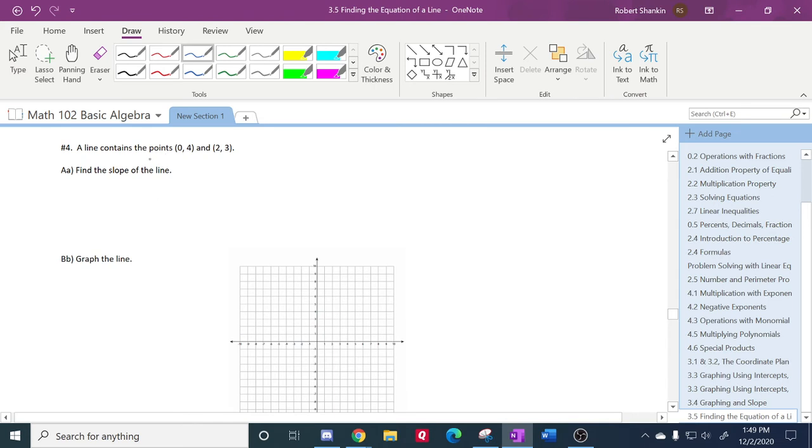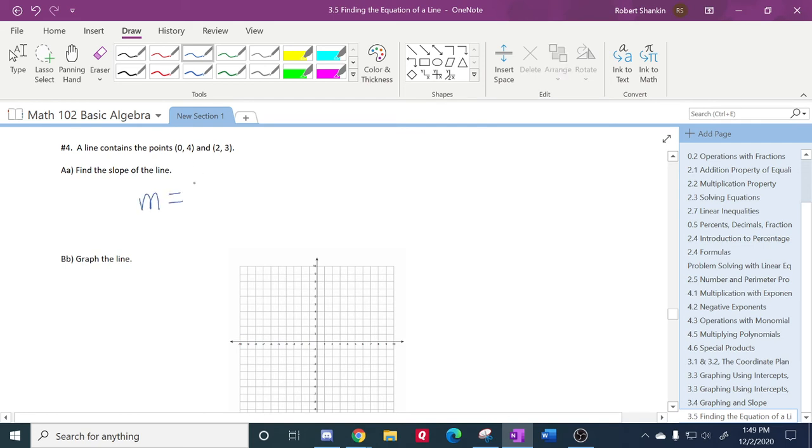So, to find the slope, it didn't say which way to find it. We did them 2 different ways. One by looking at the graph and finding the rise and the run. One by using algebra. The quicker way is algebra, so that's what I'm going to use.